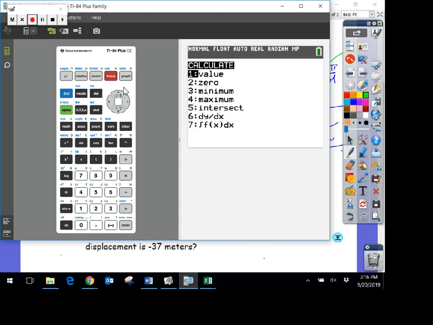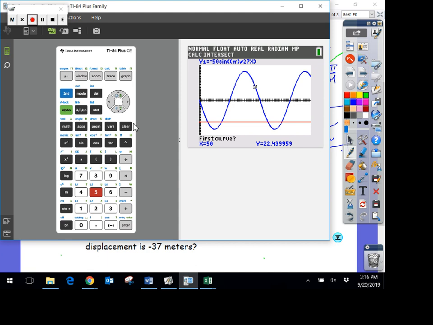Second, trace, 5. I need my cursor to be over on this first one. And you can hit like 1 and it'll jump to 1, or you can scroll. Either one. Again, you just need to be closer to it. Enter, enter, enter. And there's your first answer, 7.160, because that 7 moves that 59 up to 60.